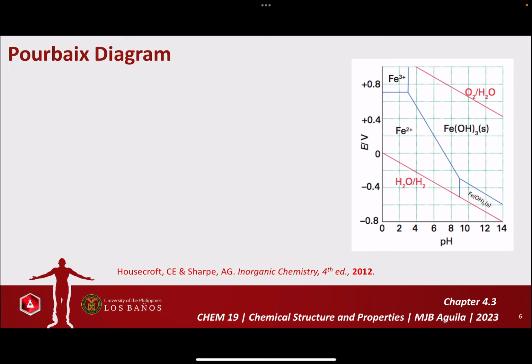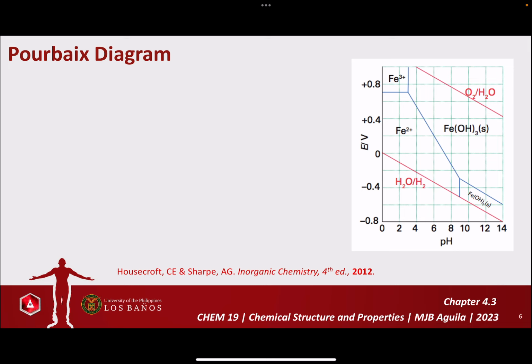So in the diagram, we can clearly define which region the electrons transfer predominates and which region the proton transfer predominates, and there are also regions wherein both are actively in play.